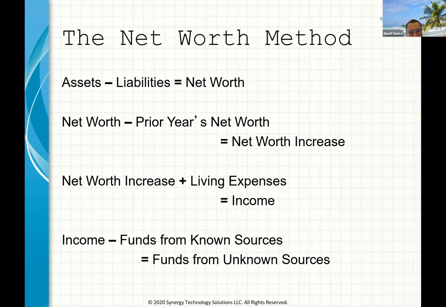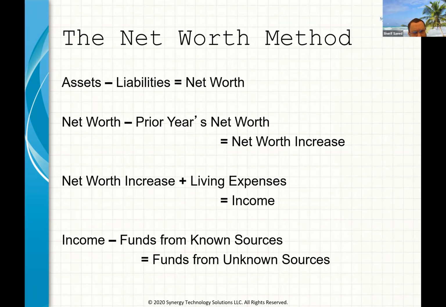What are the liabilities? My mortgage, my bank loan, my car loan, and if I am doing margin trade, that loan. I take all the liabilities out, and the result will be my net worth at that point in time. Now I have today's net worth, and then I go back to last year's net worth calculation. That will show how much my net worth has increased over a one-year period.